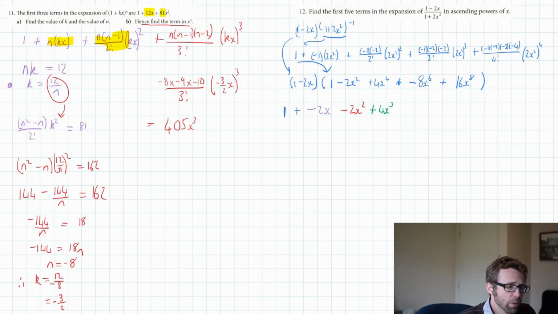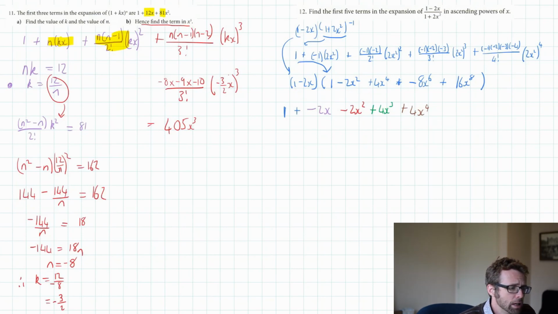Better safe than sorry. My next term is going to be an x to the 4 term. How do I get an x to the 4 term? This way here, so it'll be 4x to the 4. Is there any other way of doing it? No. I've got my first 5 terms in ascending powers of x. Let me just check up on that and make sure I'm okay. Yes, I'm happy with my positive 1.